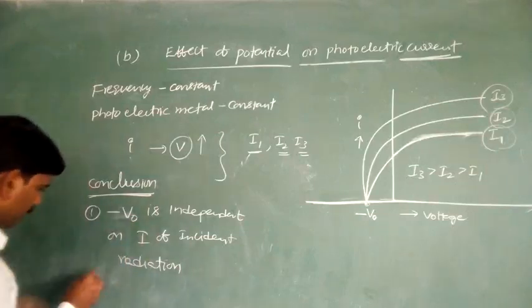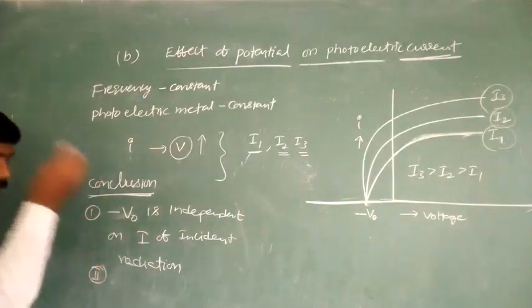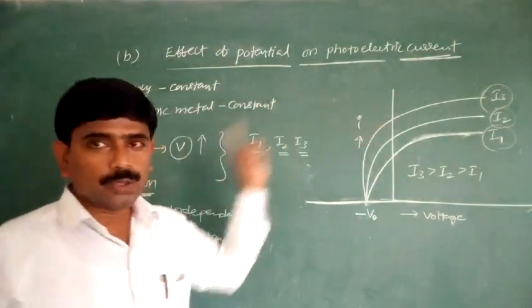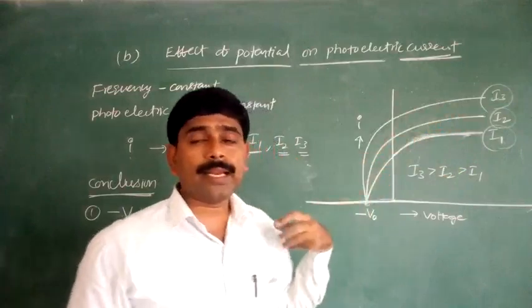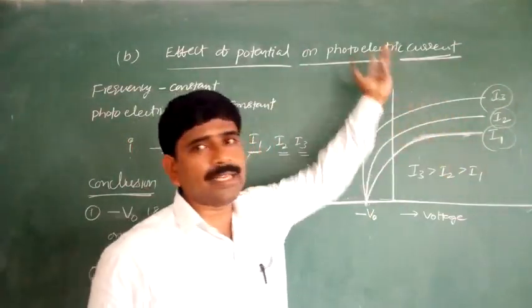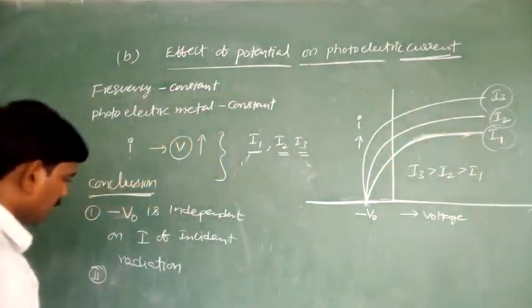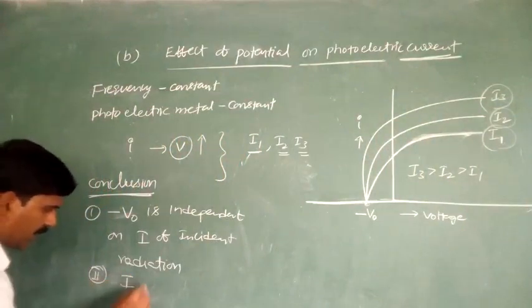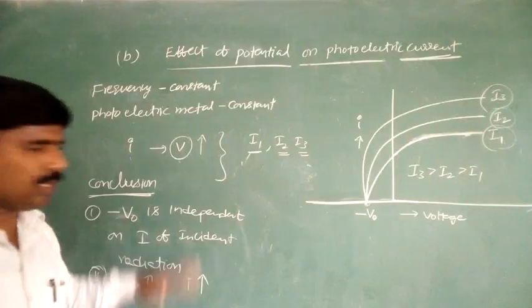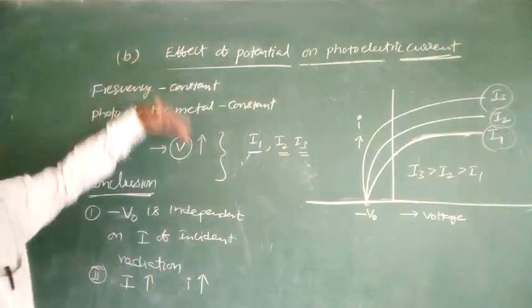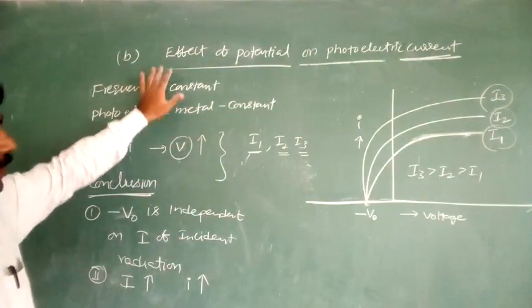What about the second one? Same thing as before: with respect to the intensity of the incident radiation, the photoelectric current, that is the saturation current, increases. These are the conclusions from the second one. So what is the second one?